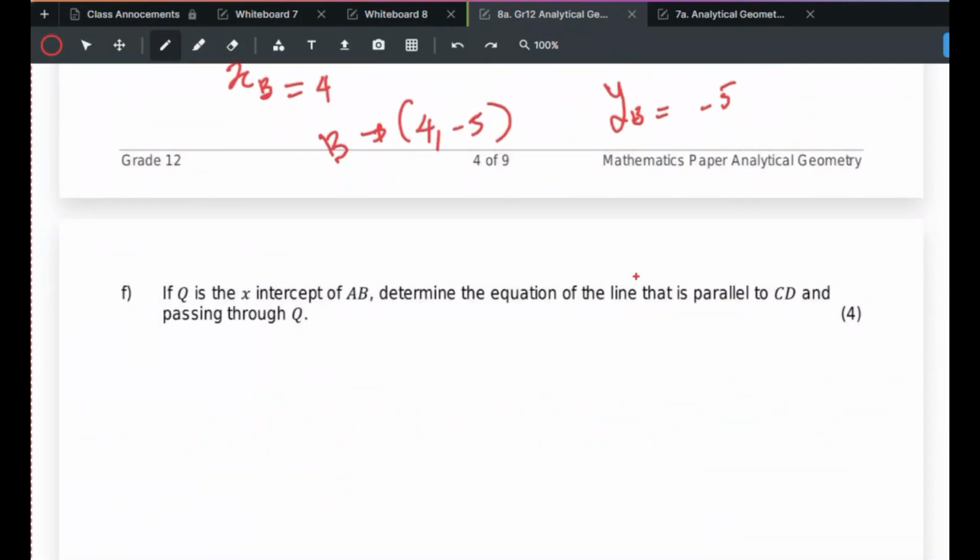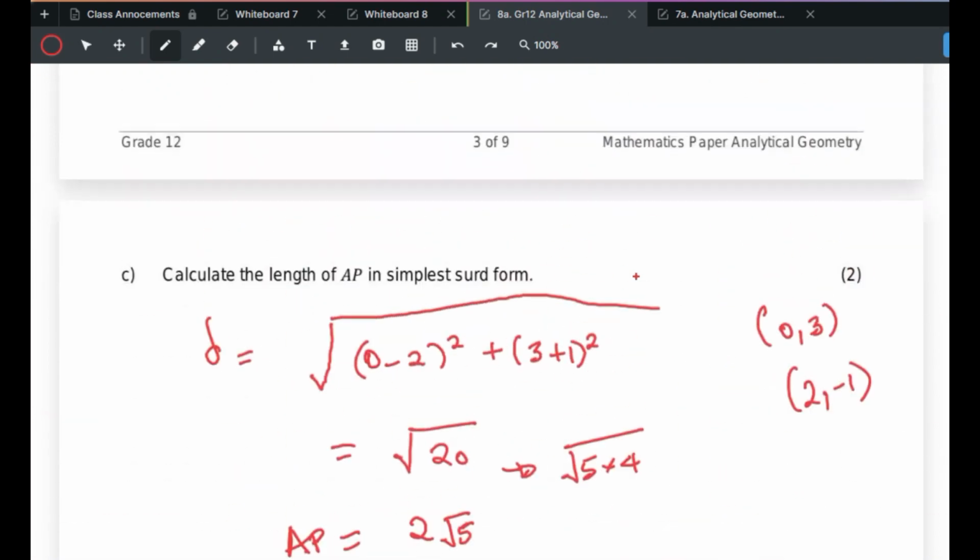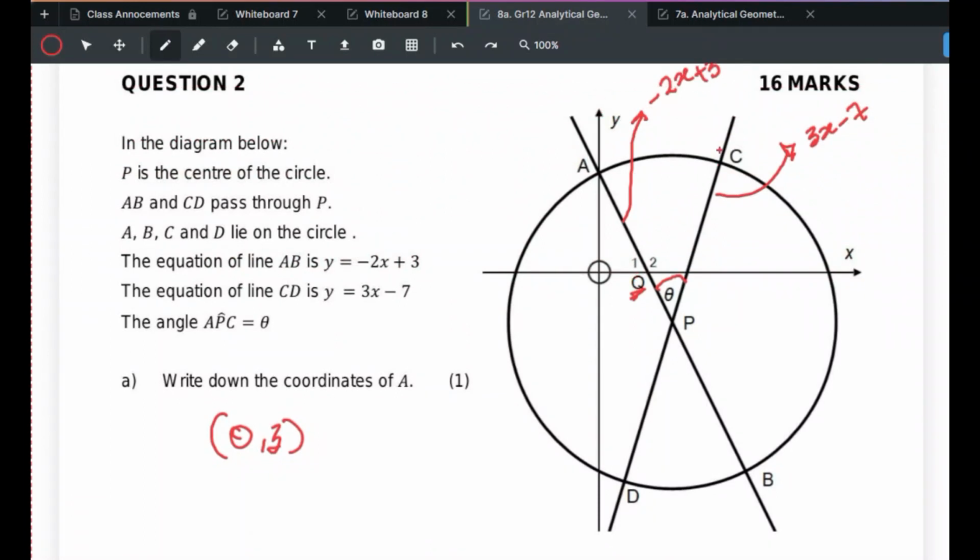Determine the equation of the line that is parallel to CD. So say you draw a line like this here, and this line is parallel to CD over there, but we make sure it passes through Q. Are you getting me?